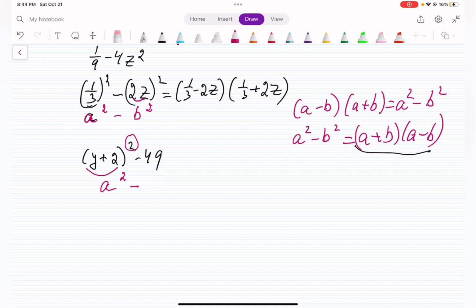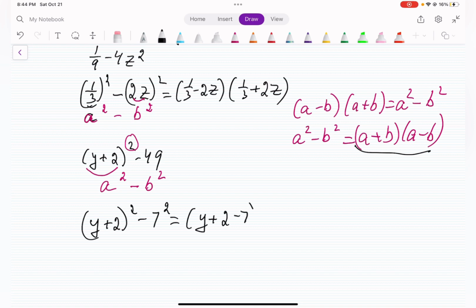Let me put this way, minus b squared. So which means I will have y plus 2 here is squared and minus 7 squared. From here it's going to be y plus 2 minus 7, y plus 2 plus 7, right? Since this is my a, minus this is my b, 7, a minus b, a plus b.